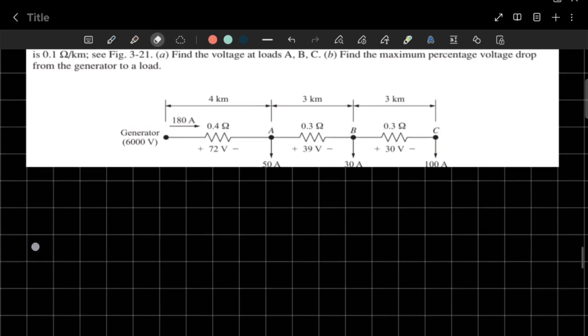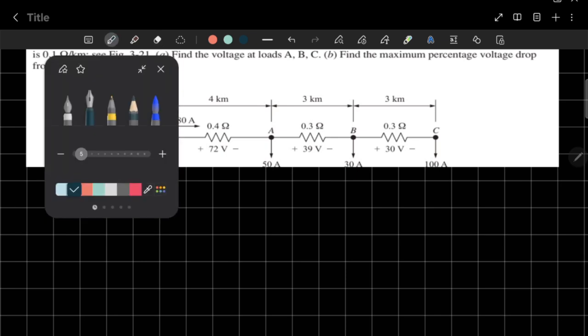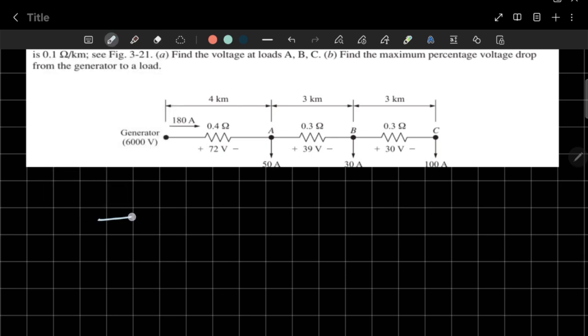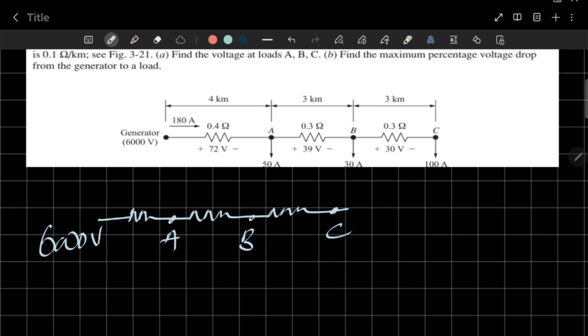So for example, if the situation is like this, this is A, this is B, this is C, and here 6000 volts is available. Then it is very simple to apply voltage division, because this 6000 volts is divided among these three resistors.